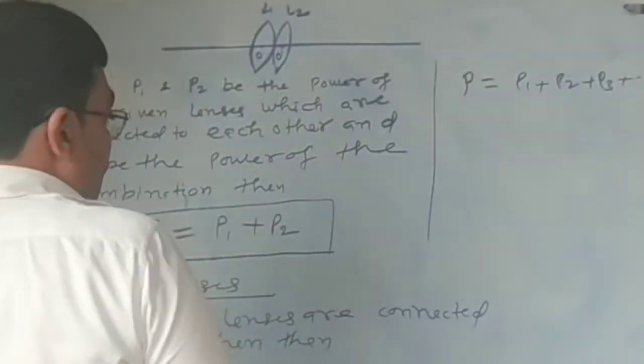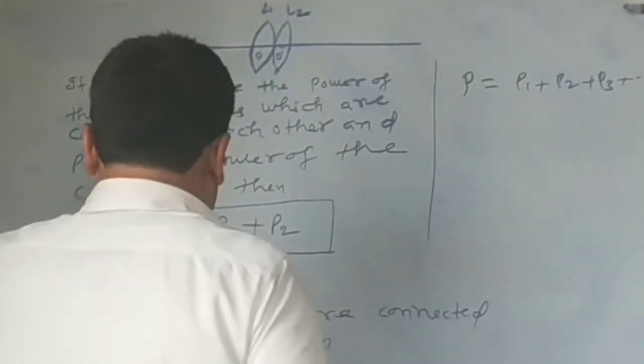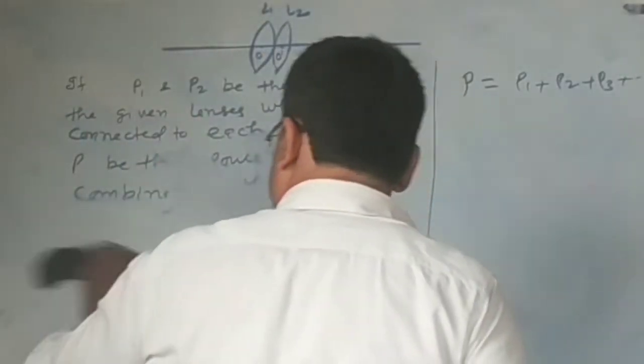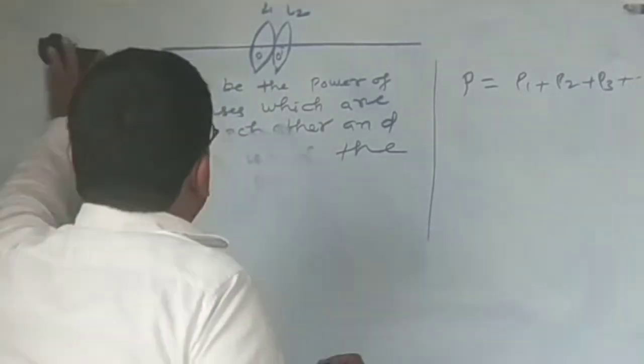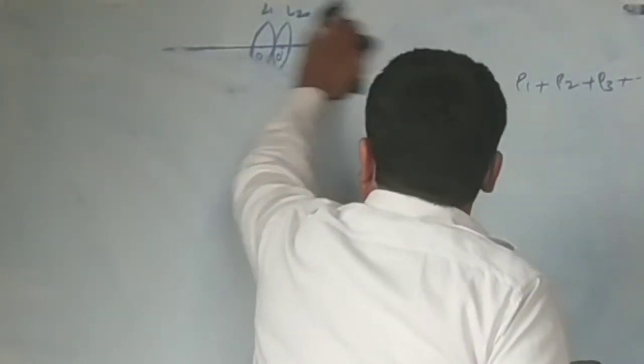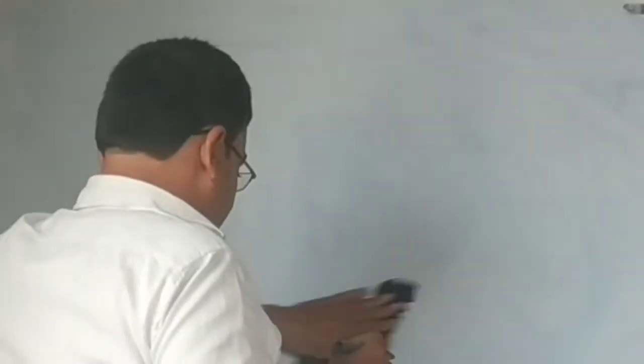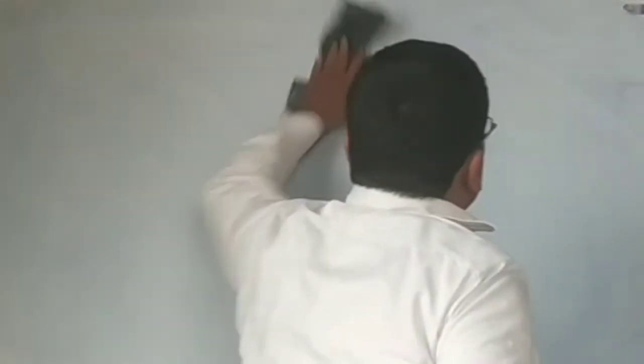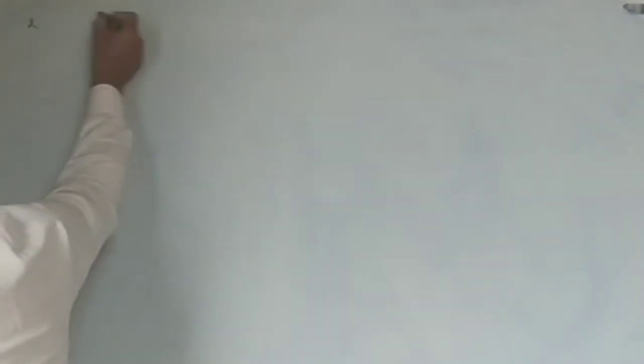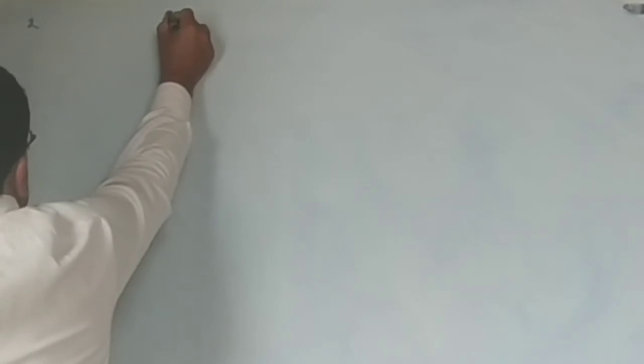Okay, another special case is also here. Suppose we connect two thin lenses, one is concave and the other is convex, then what will be the equivalent power of the combination? This is the condition.